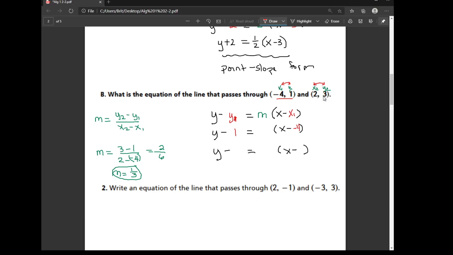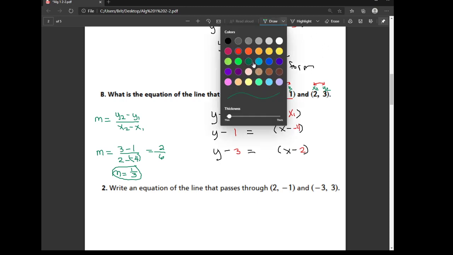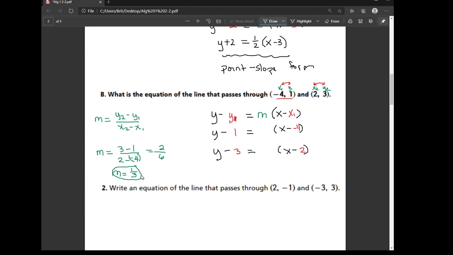If I think about the second point as x1, y1, I could fill in 2 and 3. It doesn't really matter which point I choose as long as I keep the ordered pair together. These are both equally right. And where that slope is, I'm going to write the 1/3 that I found.